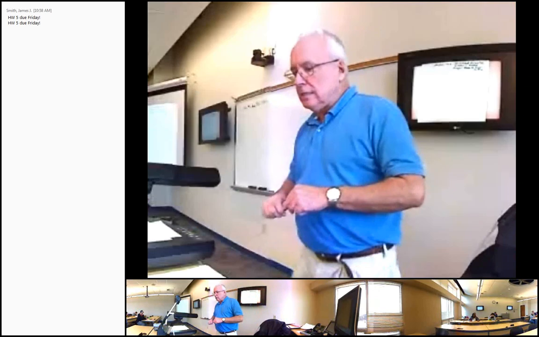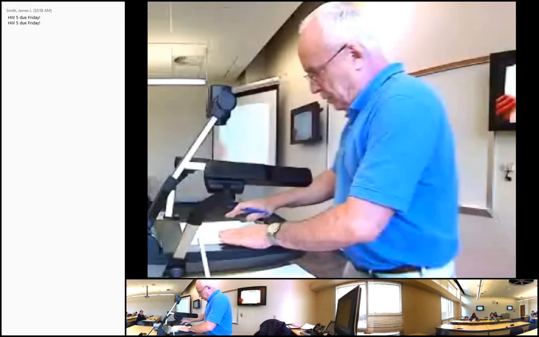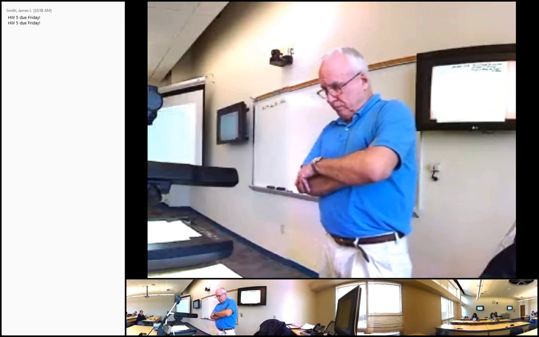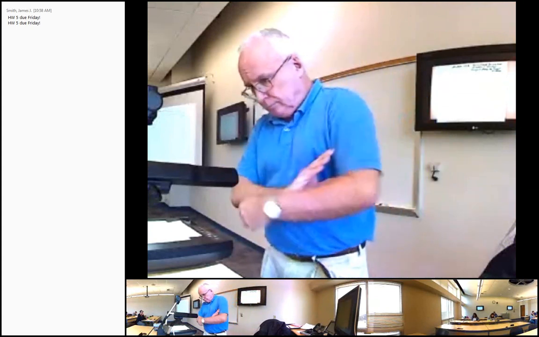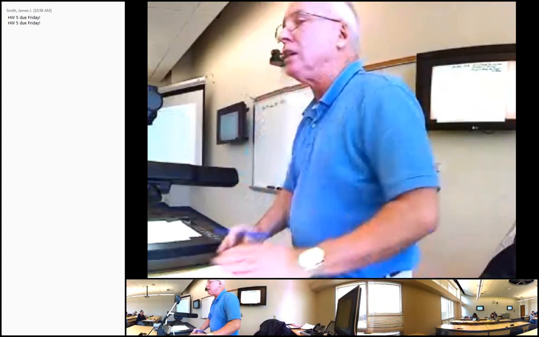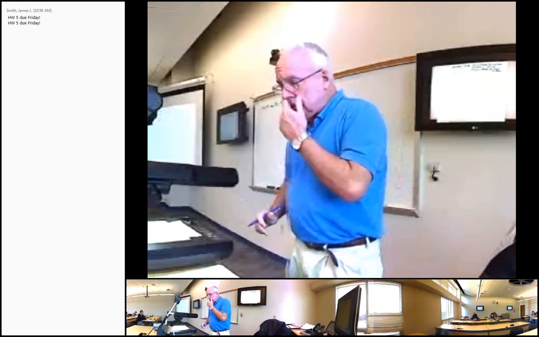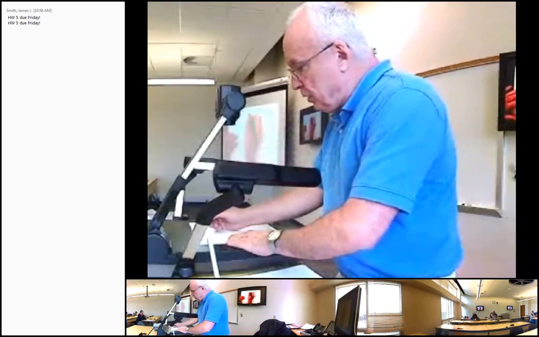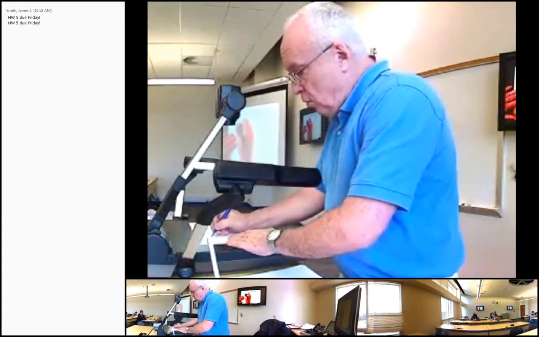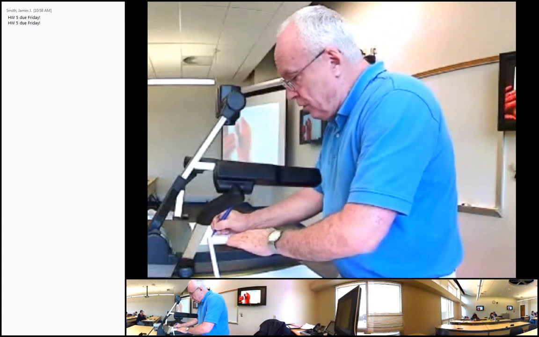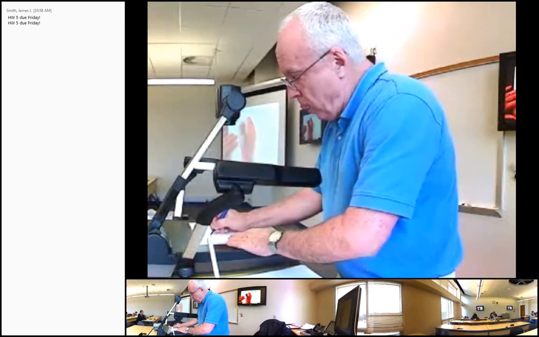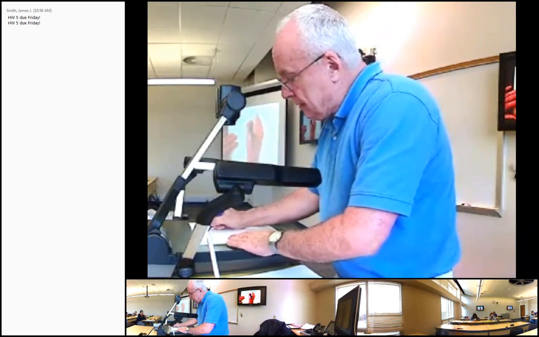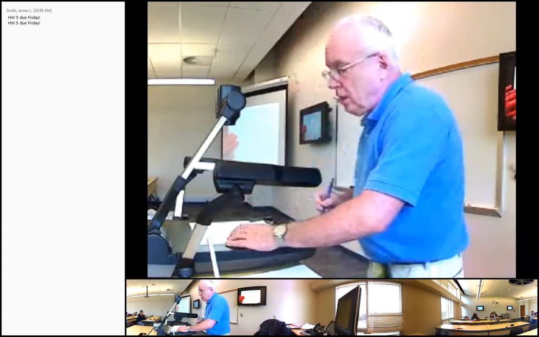Okay, so we're on 4.6. We have three main topics here: the directional derivatives, gradient vectors, and this last one that we haven't covered yet, tangent planes to level surfaces. As a review, for the directional derivative, we have a unit vector, that's how the book defines it, and we'll say it's (a, b).